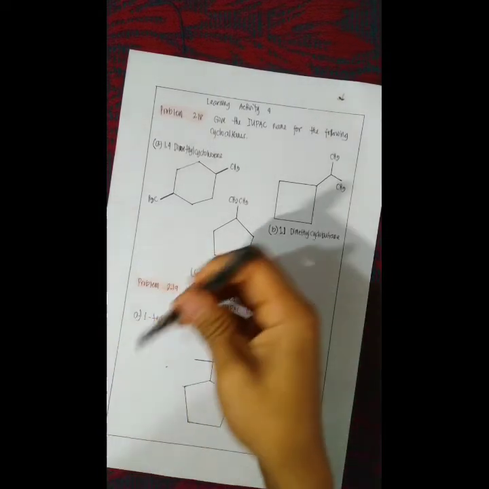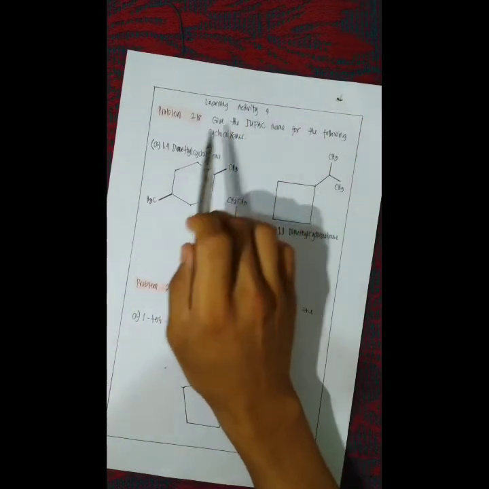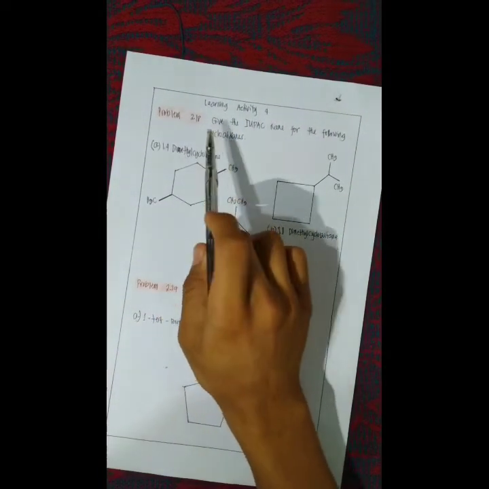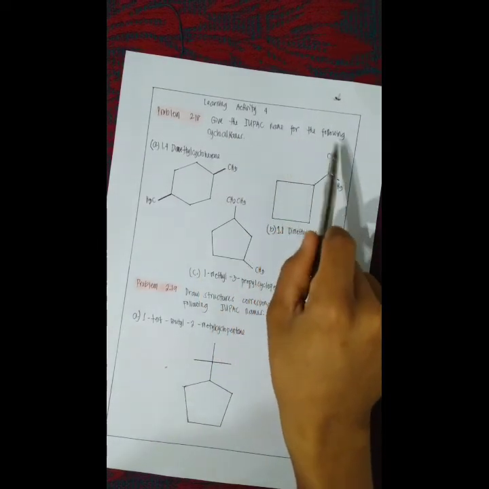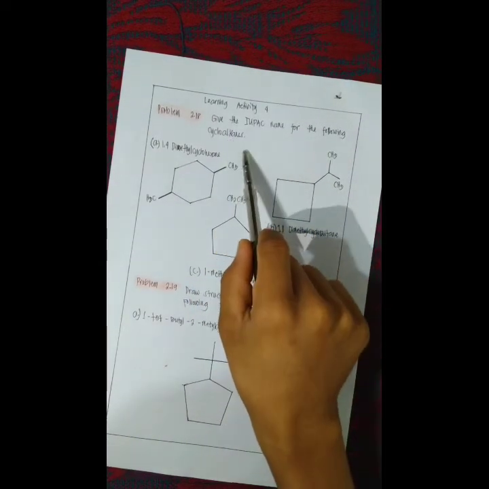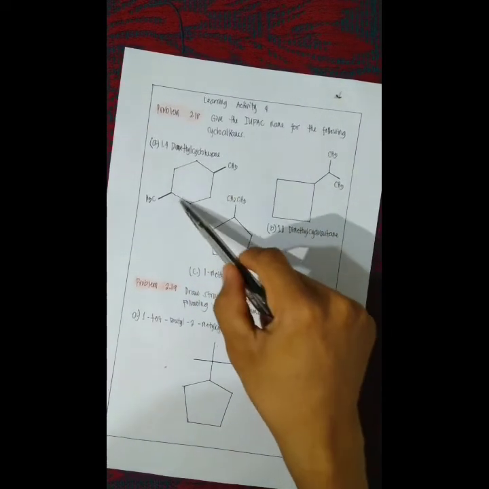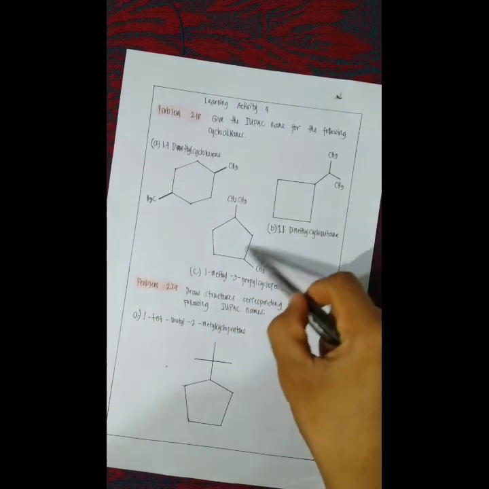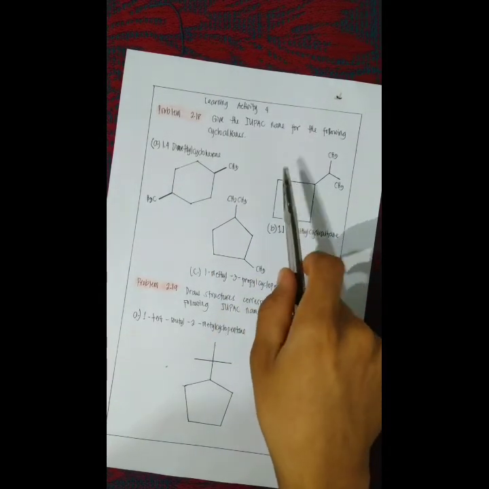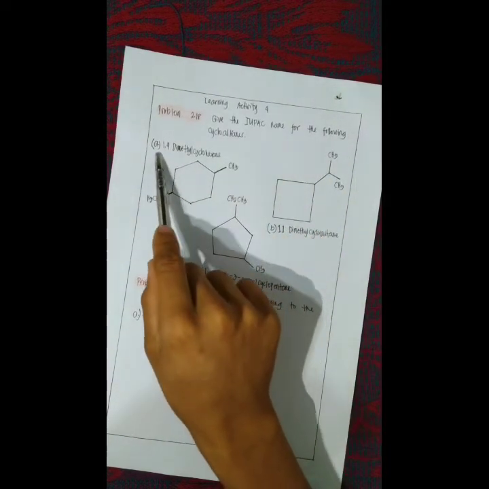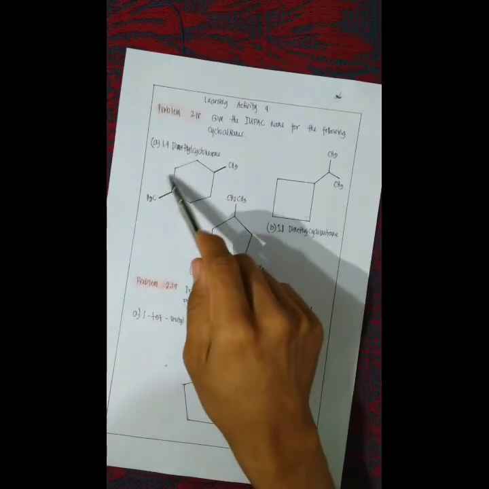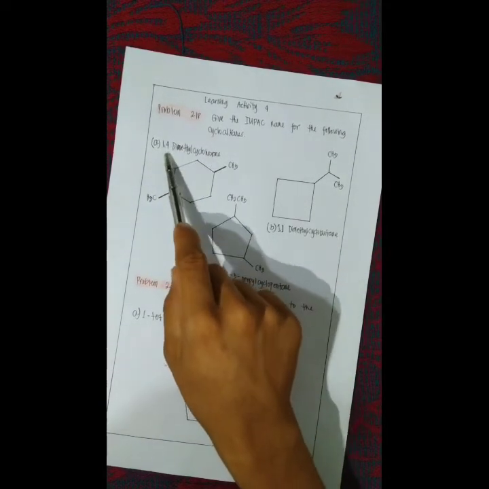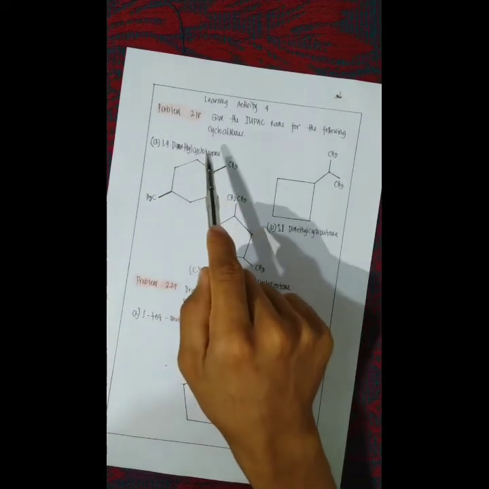So, here is the learning activity for problem 2.18. Give the IUPAC name for the following cycloalkanes. These are the cycloalkanes. The first one, in letter A, is named dimethyl cyclohexane.